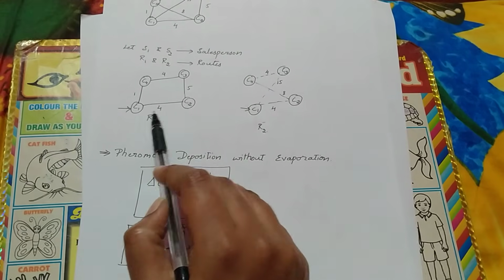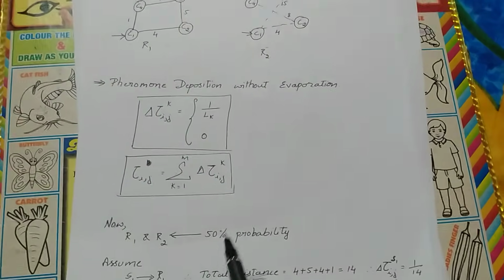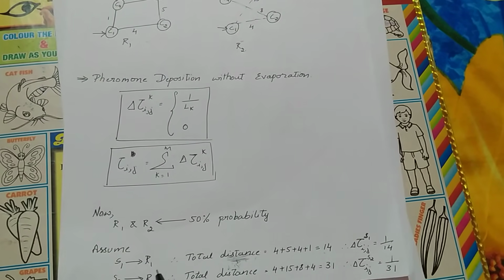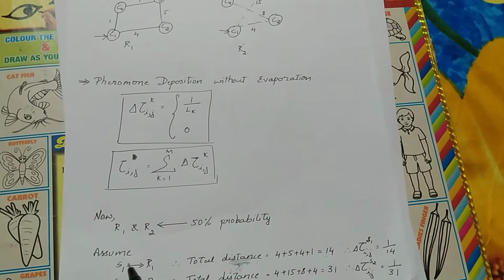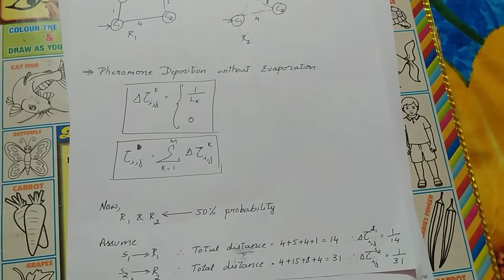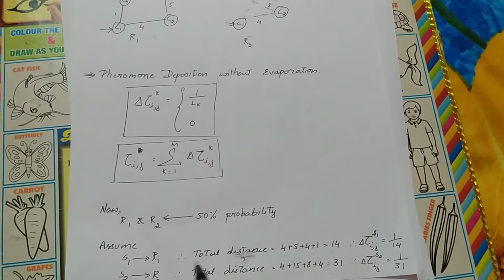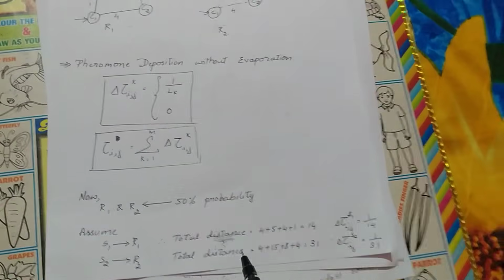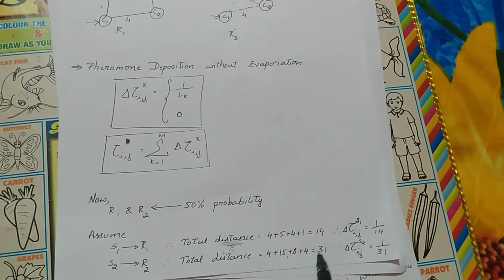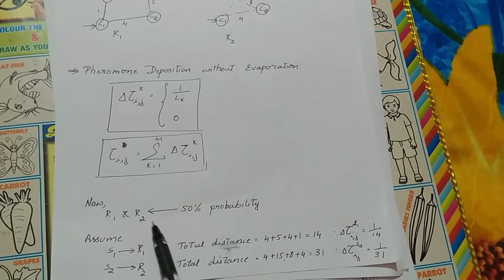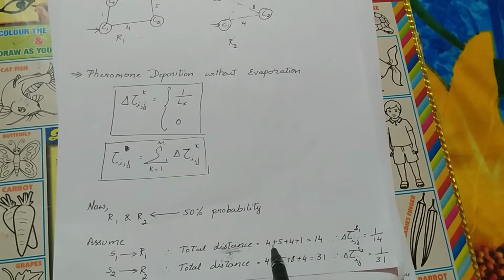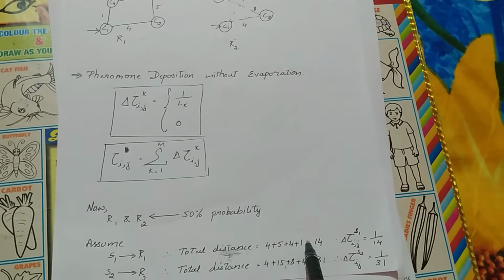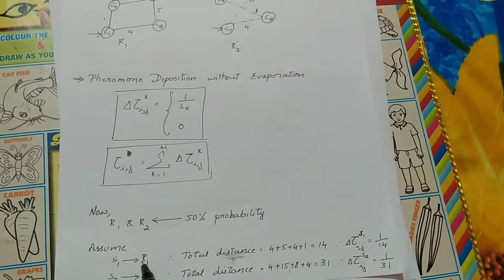When we add up the cost, it becomes a total of 14. So 14 is the cost encountered by S1. Whereas S2, when he chooses route R2, the total will be the summation of that route, which is 31. This total is calculated based on all the paths that S1 traveled.